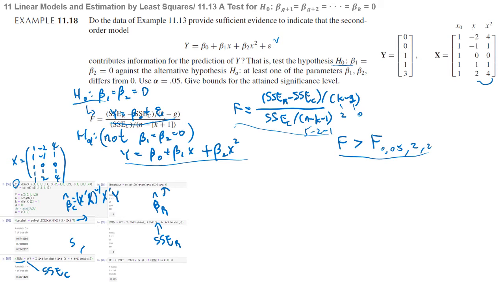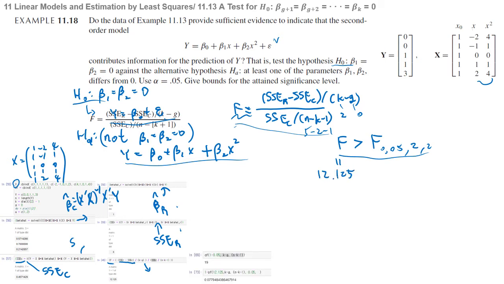After you calculate all the related values, you can calculate the F statistic. So this F statistic is SSE_R minus SSE_C divided by k minus g, and also divided by SSE_C divided by n minus k minus 1. The result is 12.125. So our calculated F is 12.125.